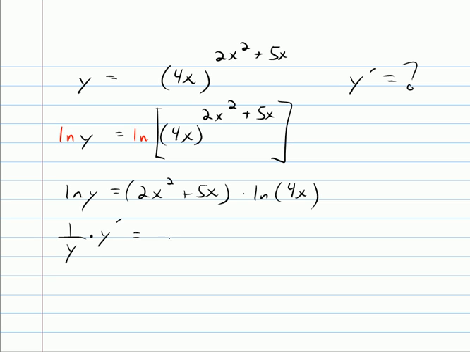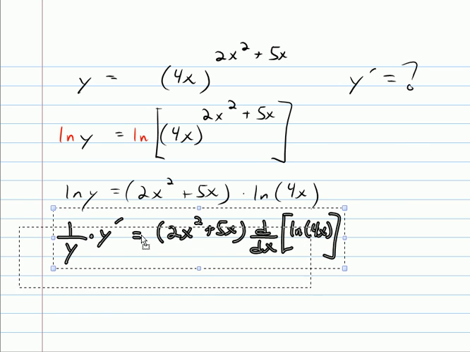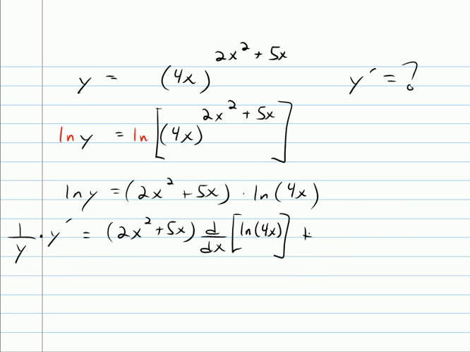Right side you're going to need the product rule, 2x squared plus 5x times the derivative of natural log of 4x, plus, so product rule, 2x, derivative of 2x squared plus 5x, and just times the natural log of 4x.